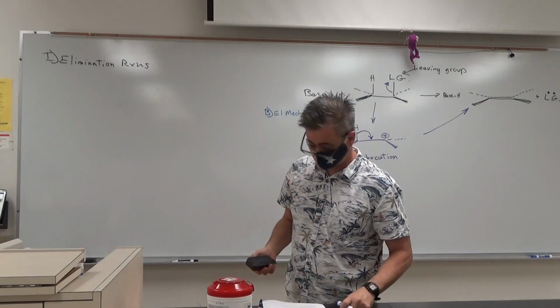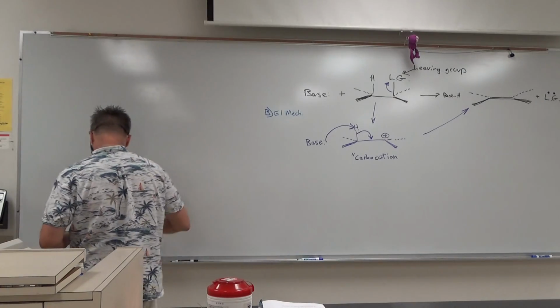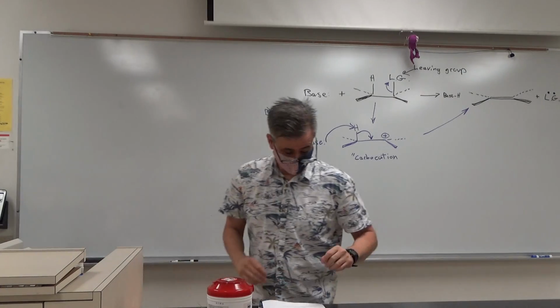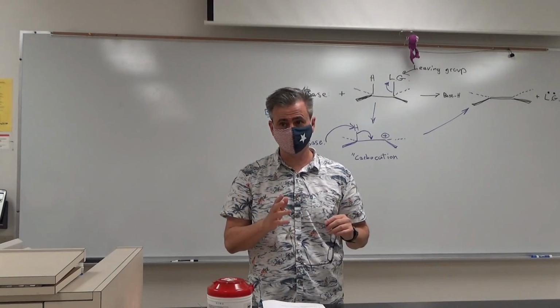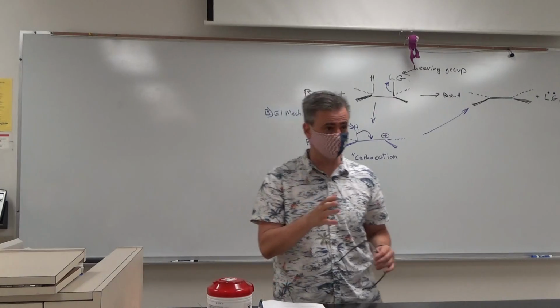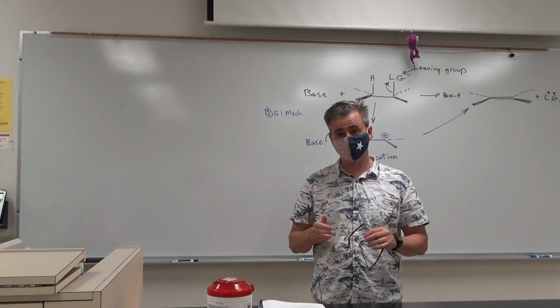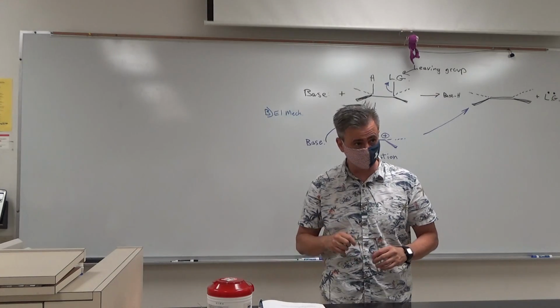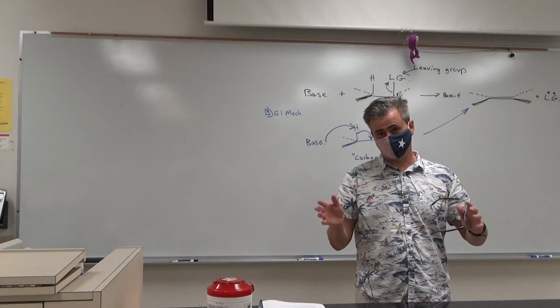So now let's talk specifically about our reactions that we're doing today. There's a few differences, not too many, from what you read in the book. You read in the book about doing this reaction with 4-methylcyclohexanol. There's actually two different starting materials we're going to do.